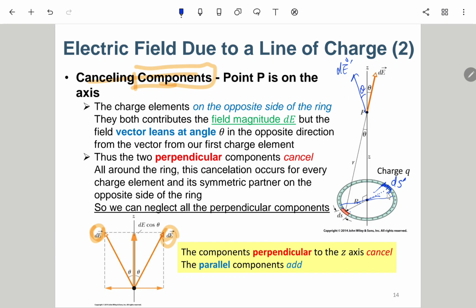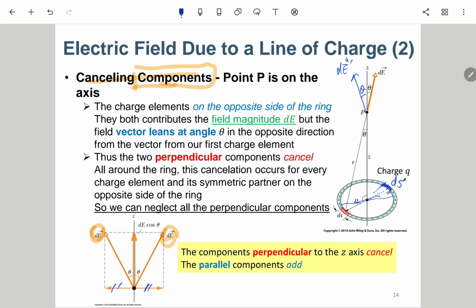Okay, and then we already find that dS and dS prime are symmetric to each other, so this component and this component will cancel each other.